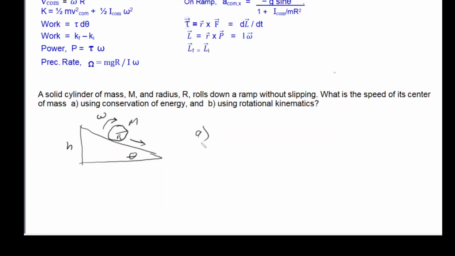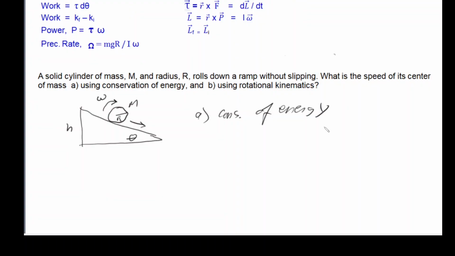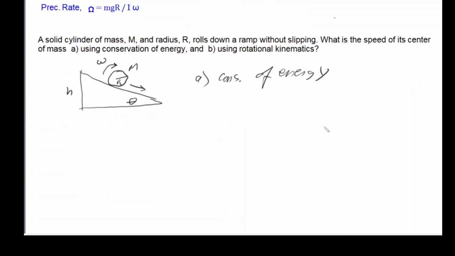So for part A, we want to use conservation of energy to find the speed of its center of mass. So what does conservation of energy say? That potential plus kinetic energy initially is equal to potential plus kinetic energy final. So let's plug this in. The cylinder starts at the top of the ramp at rest, so kinetic energy is 0, potential energy is mgh.